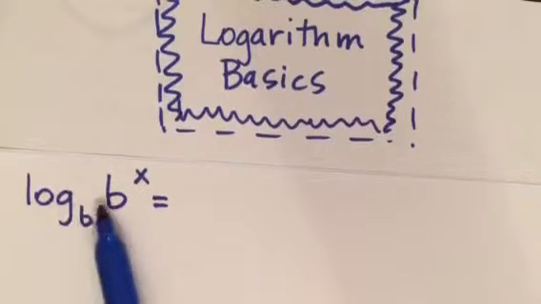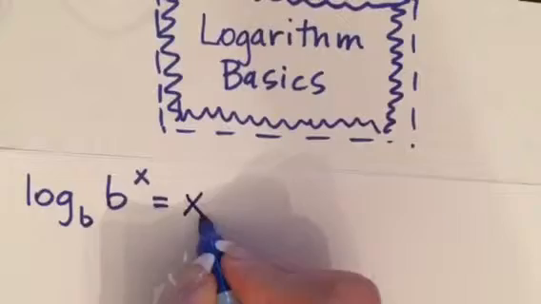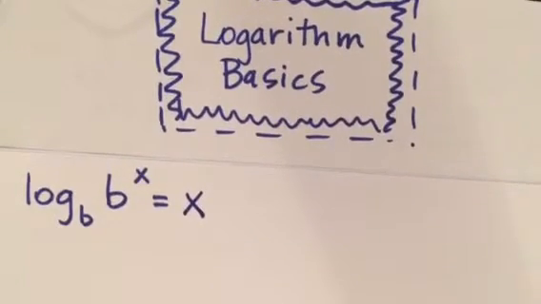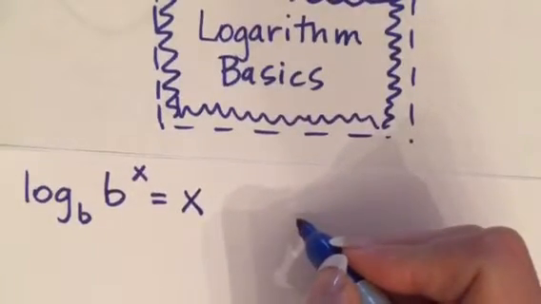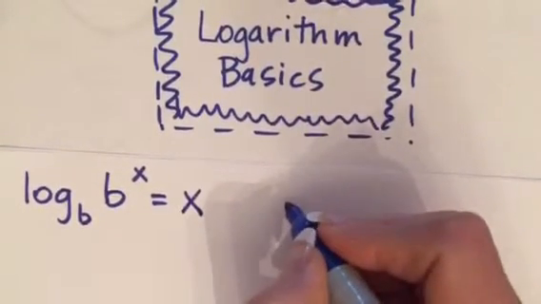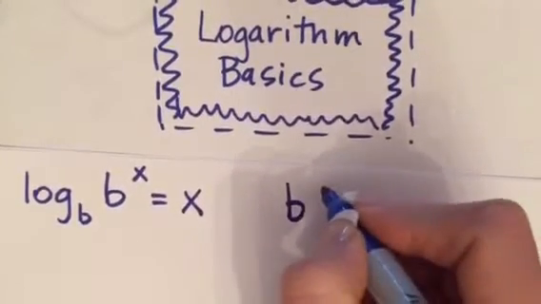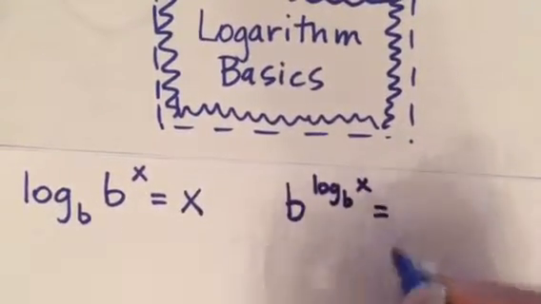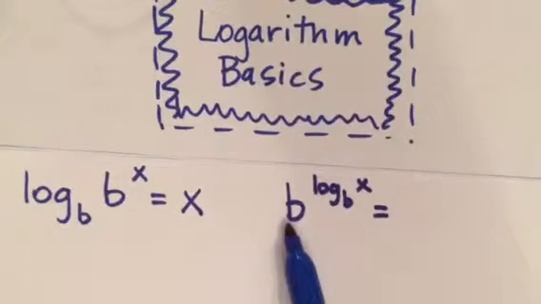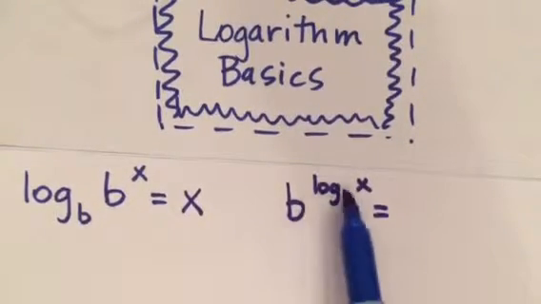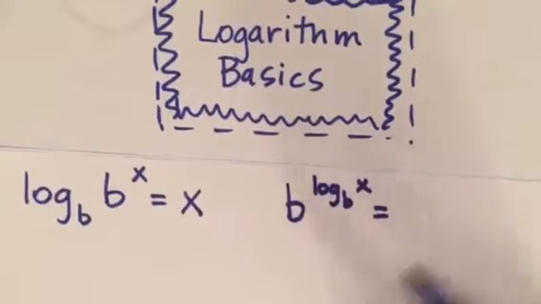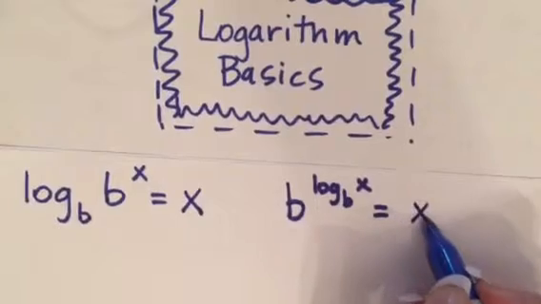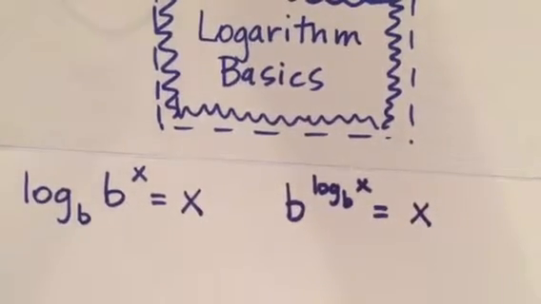And since those are inverse operations, they kind of undo each other, and we are left with just x. Okay. And similarly, if we write it in a different form, we can say b raised to the log base b of x. What is this equal to? And again, we have an exponential expression with the base of b and a logarithmic expression with the base of b, so they undo each other as their inverse operations, and we are left with x.